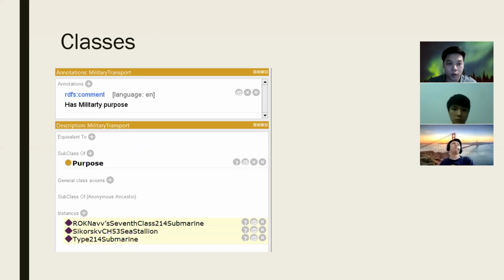By indicating the object property inside Protege, which is has military purpose, and then adding the individual type there, has military purpose, some transportation, we will get our military transport after we run the reasoner. Below there is the individual that is having military purpose.